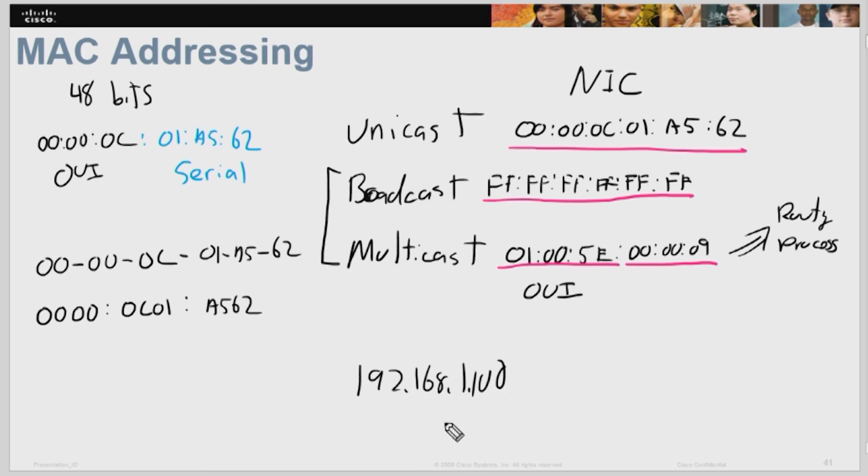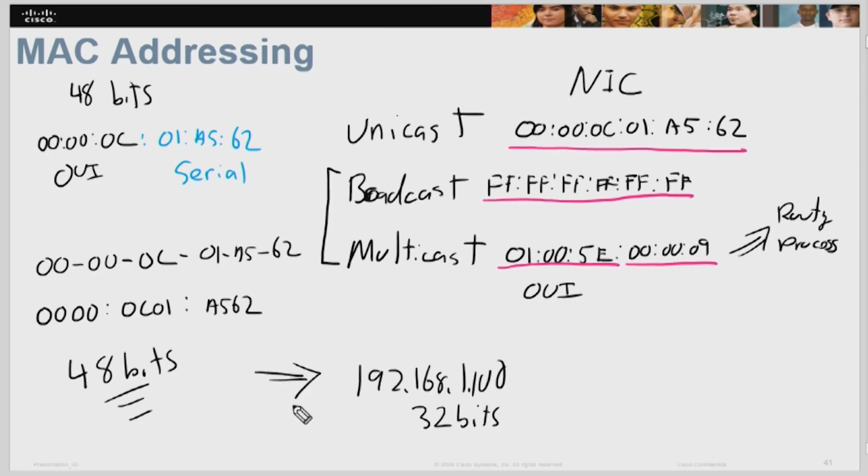That's 32 bits worth of data. And when machines actually look at it, they look at the entire 32 bits. We look at a MAC address, we don't look at the dashes, we don't look at the colons, we look at the 48 bits that make up the MAC, and that's all we look at. The way that we represent it visually is really just for human consumption, the same thing that we do for IP addresses.